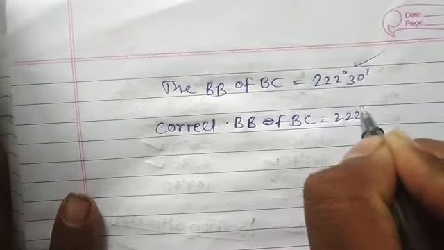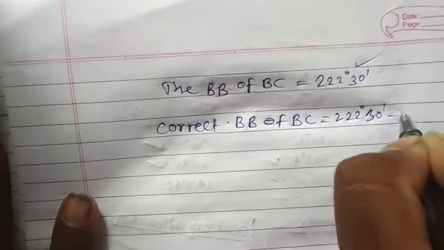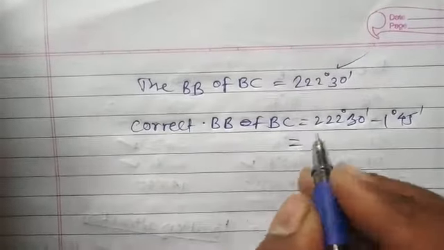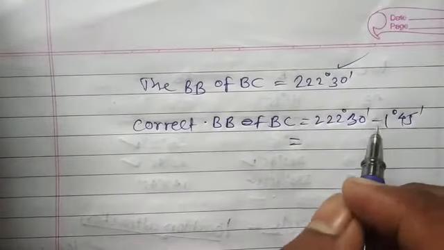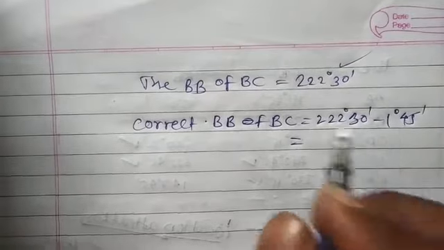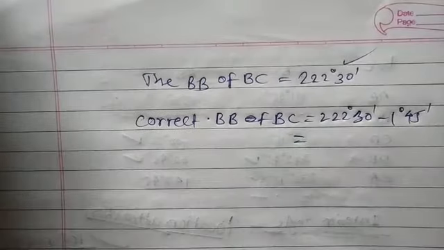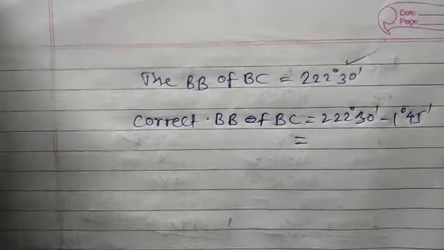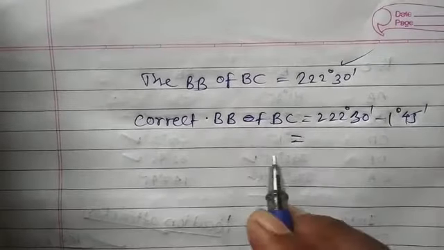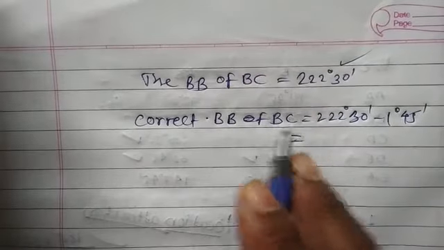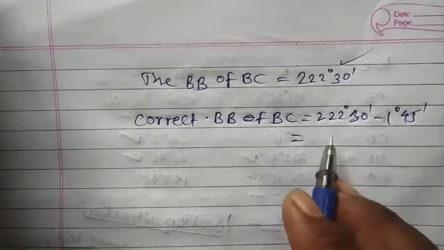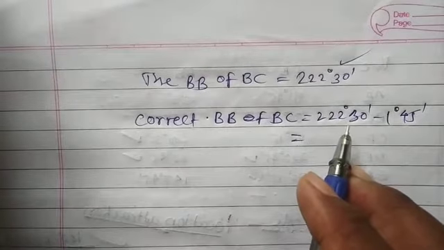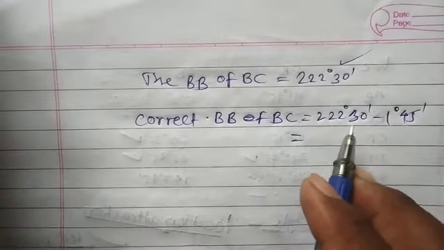So 222 degree 30 minutes minus 1 degree 45 minutes will give us the correct bearing, because the error at C is 1 degree 45 minutes. Okay, so when the error is positive, then you have to deduct the error from the next bearing, that will be the back bearing of BC. When the error is negative, you have to use the opposite sign, that will be positive here.